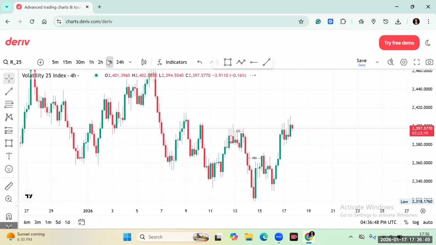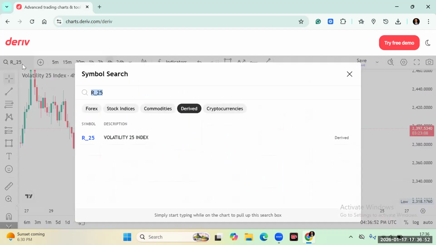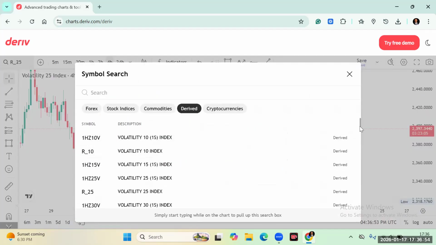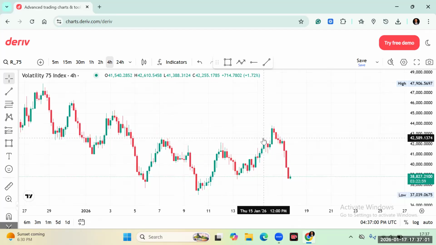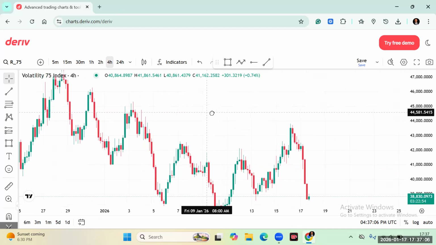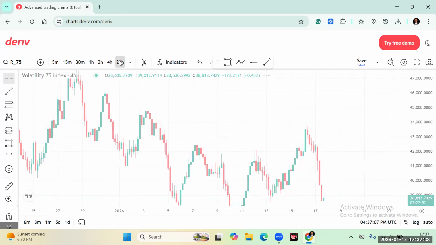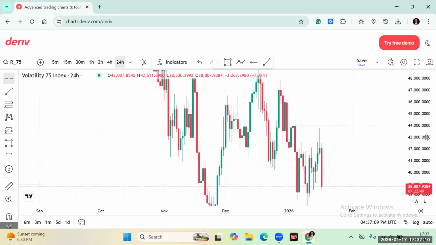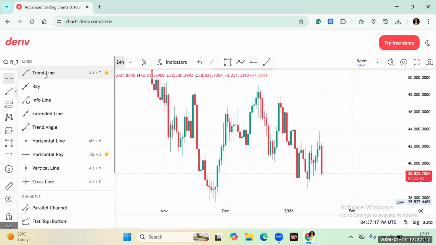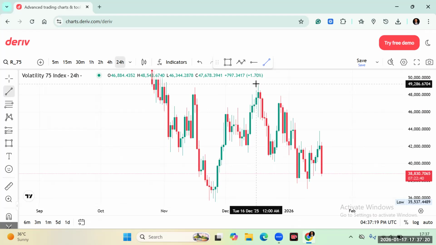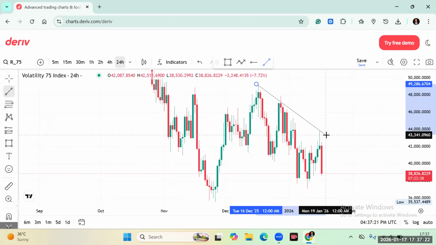So let's look at this 75. Alright, the 75 has been bearish. If you look at the 24 hours daily time frame, it's been bearish, and it's been respecting this trend line. I'm not a fan of trend lines because price can break the trend line at any time, but it's been respecting this one.